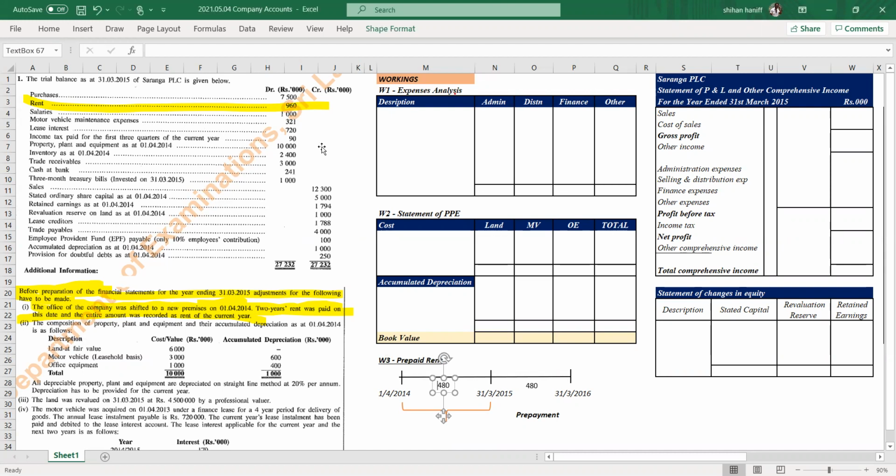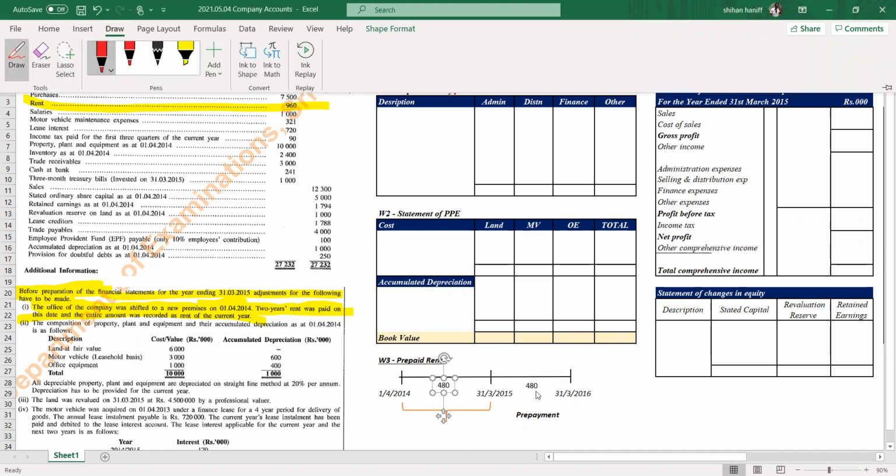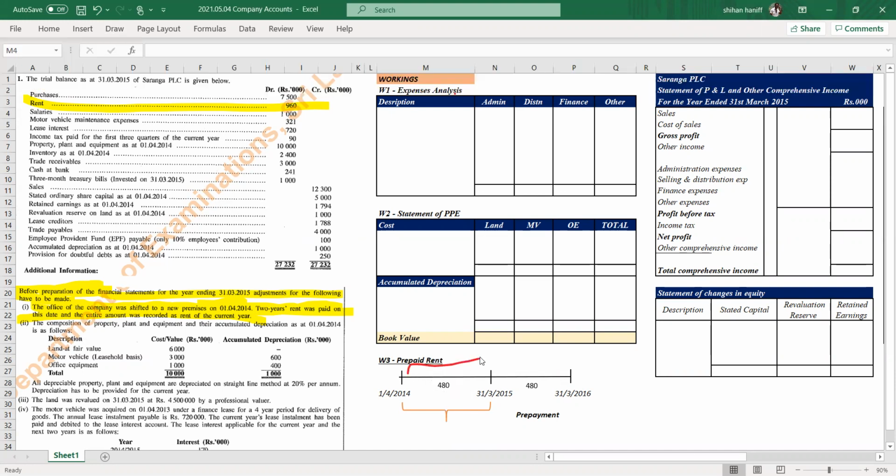Now 960 is paid for 2 years. So the current 1 year is 480, and only 480 is our expense. Another 480 is paid for next year, so that has to be deducted from the rent.